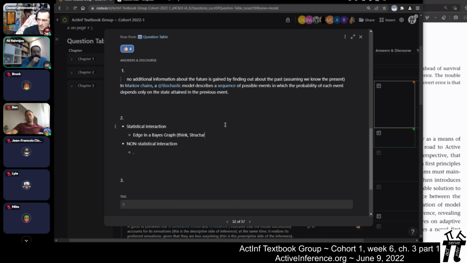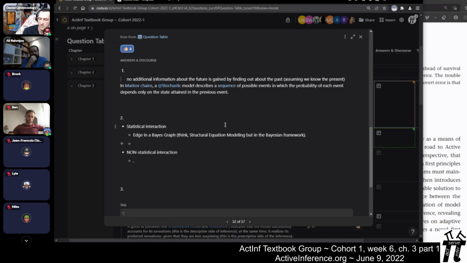But here, the reason I think they put the term statistical in parentheses is that they mean these variables mediate all interactions that have been parameterized statistically. So I think it refers to the nature of parameterizing and modeling these interactions, as opposed to distinguishing between statistical and non-statistical interactions.